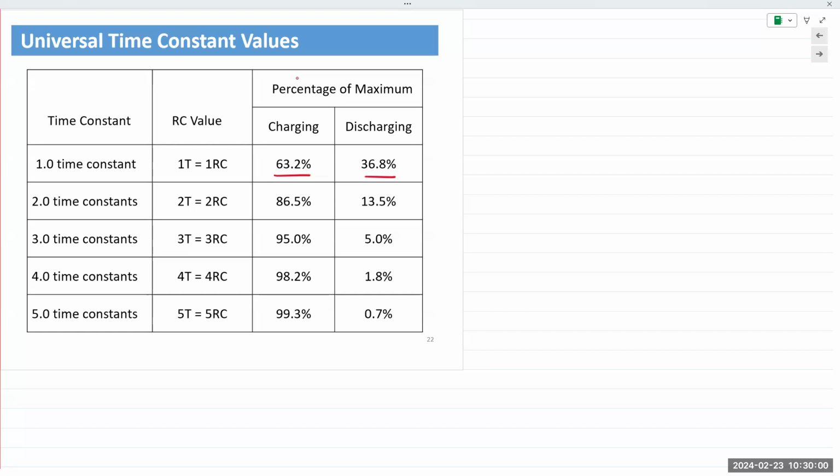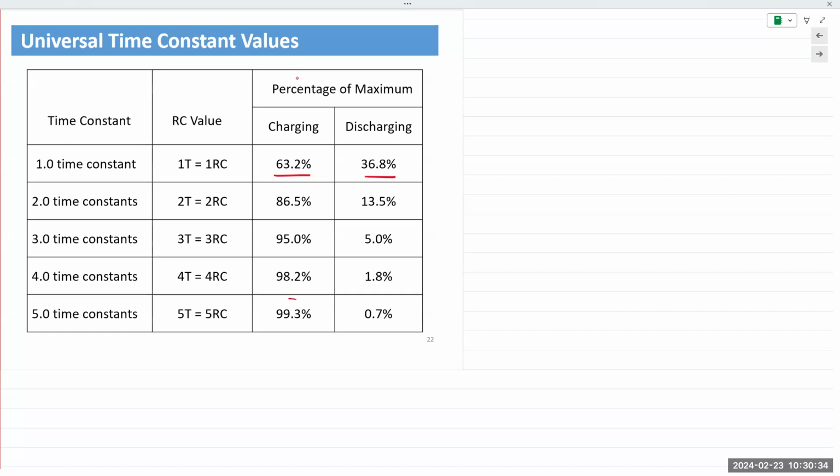So when do we put an end to it? When it's beyond 99%, which is 5 time constants. Okay, so 5 time constants allows it to go more than 99% of the way. So if it's charging, it acquires more than 99%. If it's discharging, it loses more than 99%. And so after 5 time constants, we put an end to it by generally accepted convention.